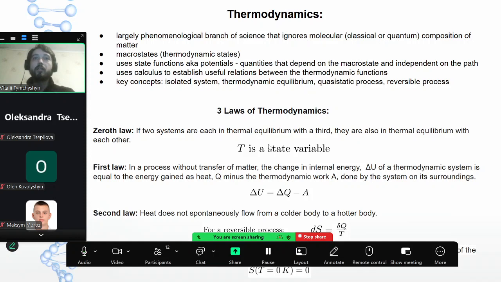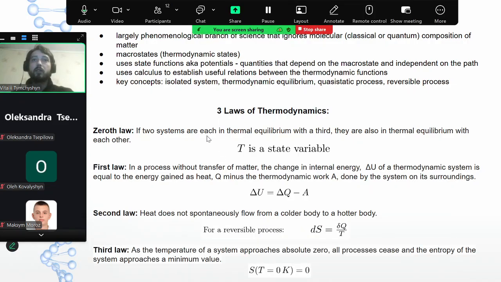So here are the 3 laws of thermodynamics. So the zeroth law tells you that temperature is a state variable. And the first law is basically the law of conservation of energy, while the second law tells you that entropy always grows. We will get to that in a moment.